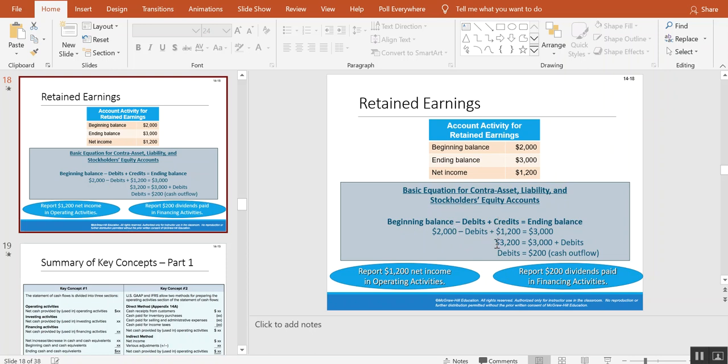And so what we have, when we get done with the calculation, is we've added in the net income. What we're saying is we know the beginning balance was 2,000. We don't know what the dividends were, but we know the net income, and the ending balance we know. So we're calculating this debit here is going to be the dividend payment.